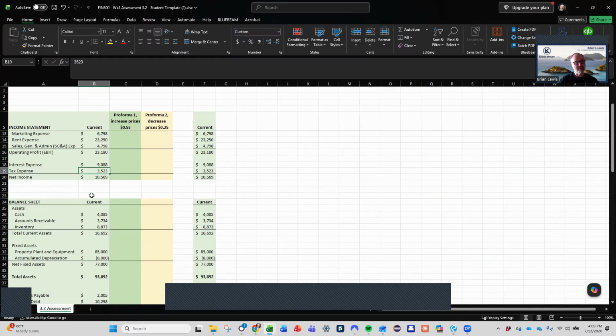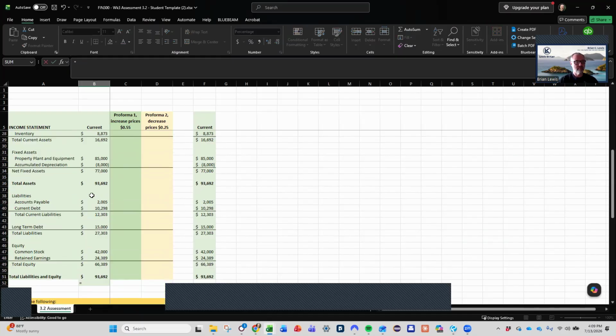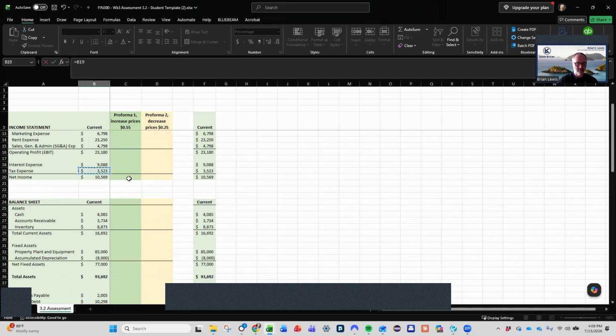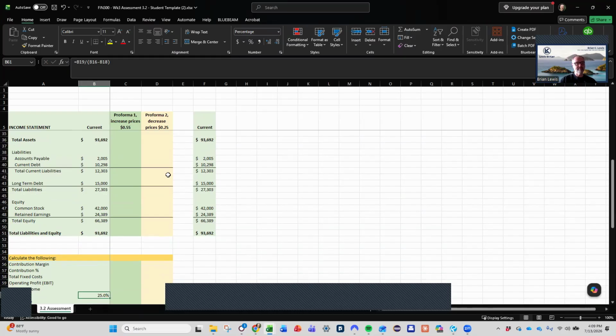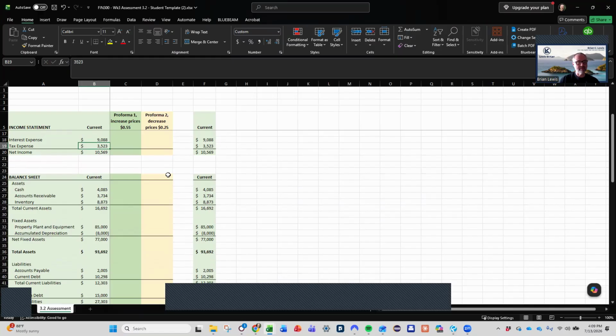So tax rate is, let's come down here, tax rate equals, we're going to take that 3523 divided by, and do it this way, the EBIT minus the interest. Okay, that should give us the tax rate, 25%. Okay, but we'll leave that static right there.